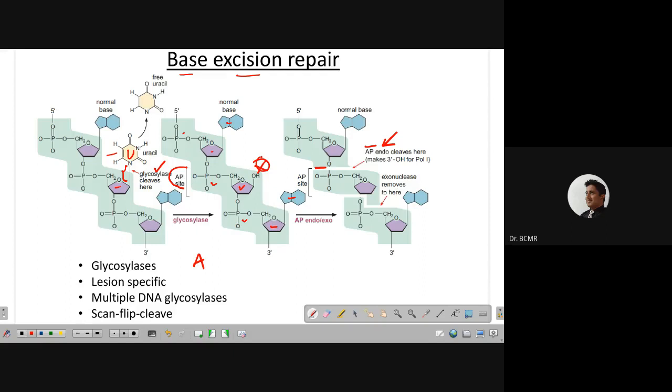Another enzyme, an exonuclease, will remove the deoxyribose and the phosphate group. And now DNA polymerase takes over, and from this OH, it will start synthesizing new DNA. And that is how the gap is repaired.